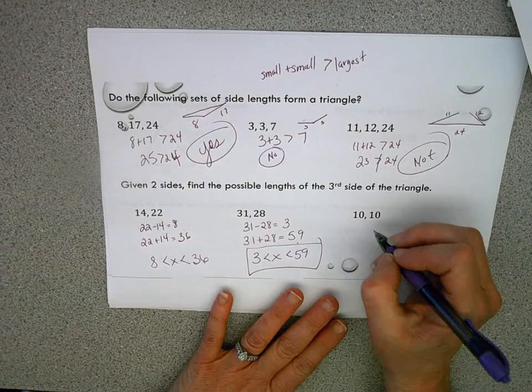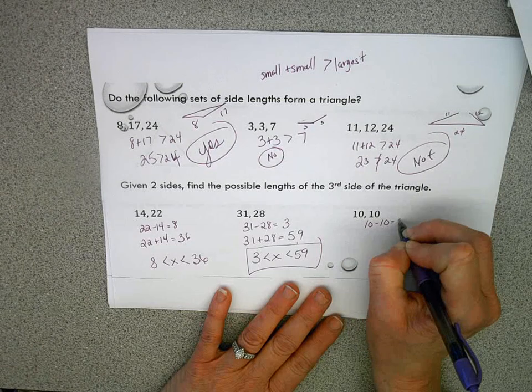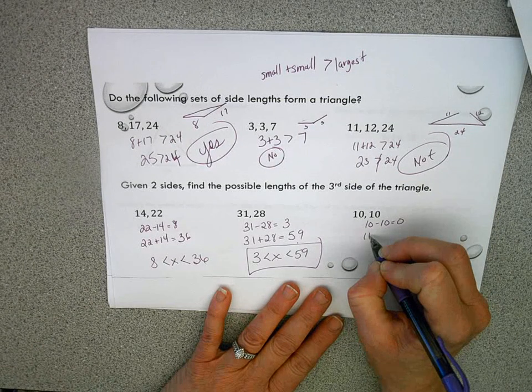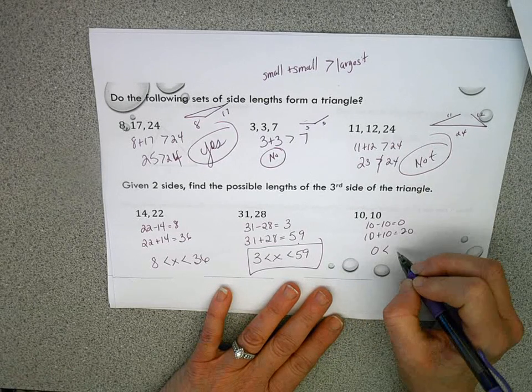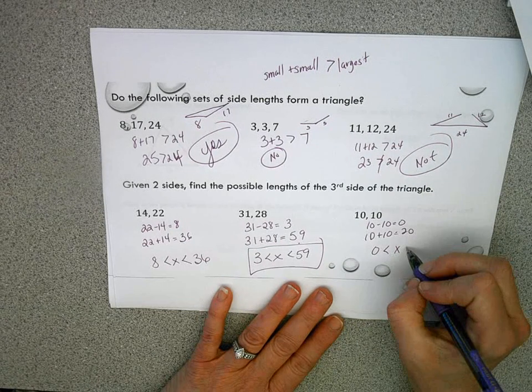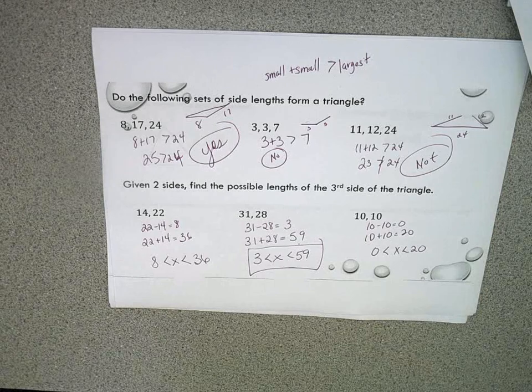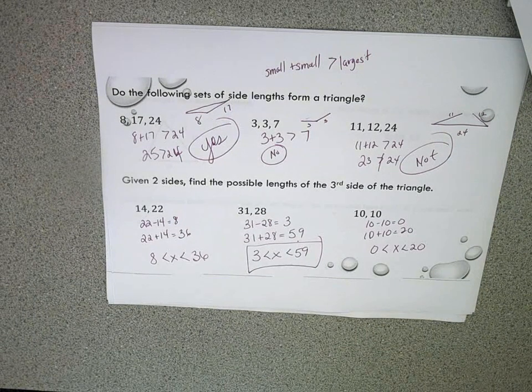The last one, when you subtract them, you get 0. That's okay. And you add them, you get 20. So the third side has to be greater than 0. Well, every side has to be greater than 0, so that kind of makes sense, but less than 20. Never put a negative there. So any triangle from 1.5, anything greater than 0, all the way to 20 would make a triangle.